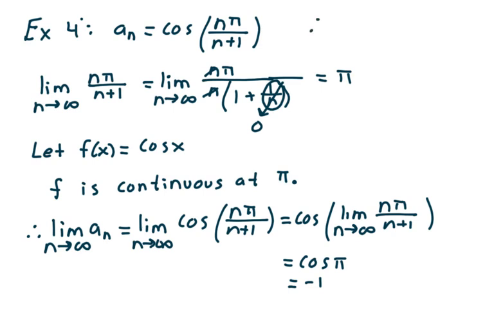And so, therefore, the sequence a sub n converges to negative 1. That's how we do example 4. Let's take a look at example 5.